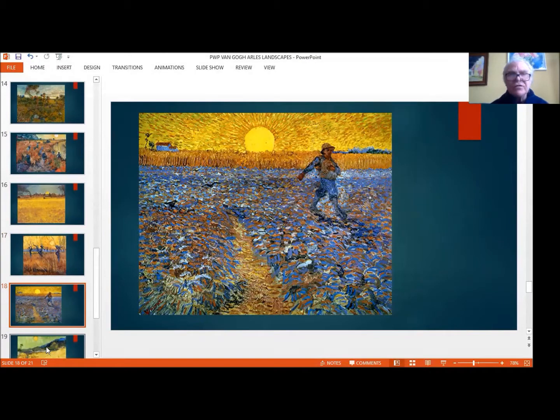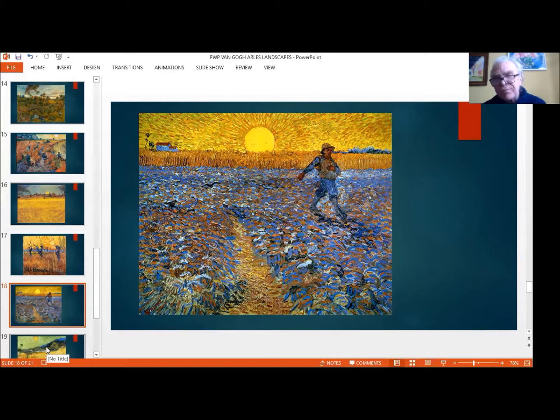And so we see in this image here, his landscapes are moving towards a symbolic quality, and we have here the scene of the Sower.